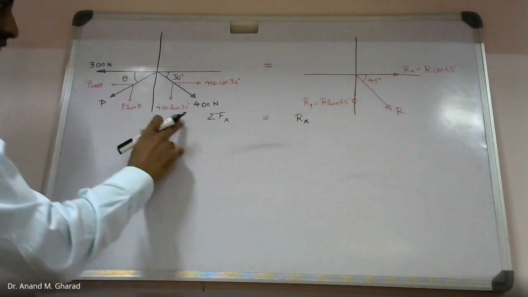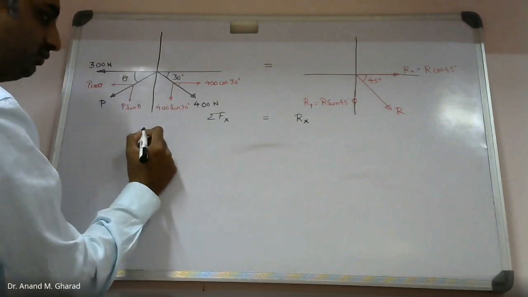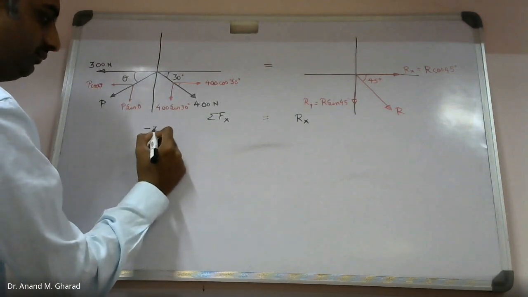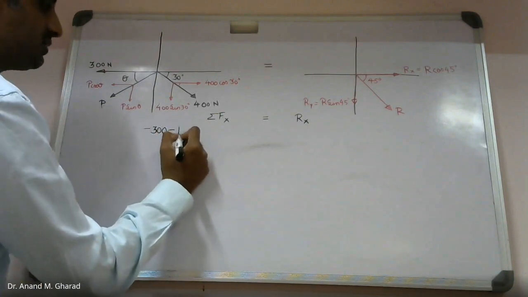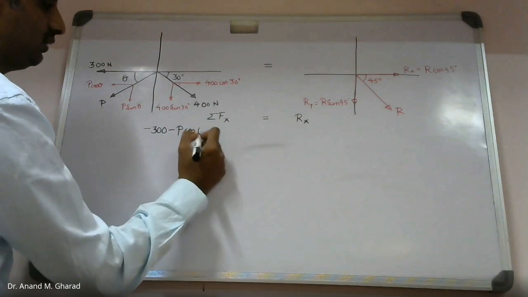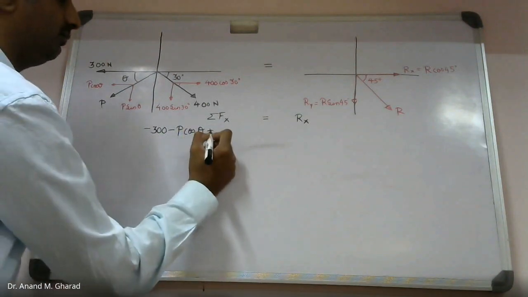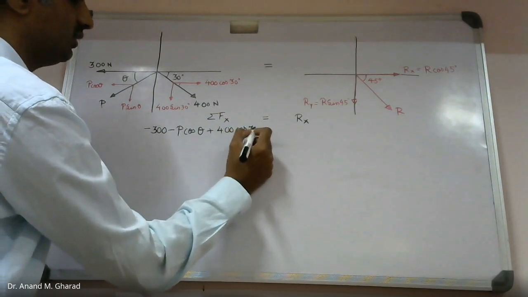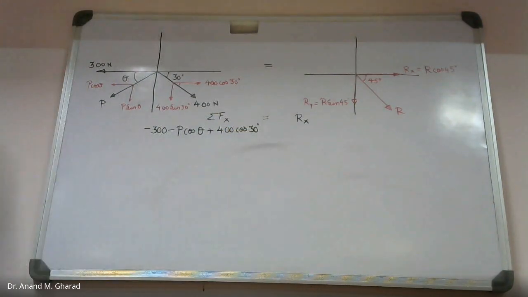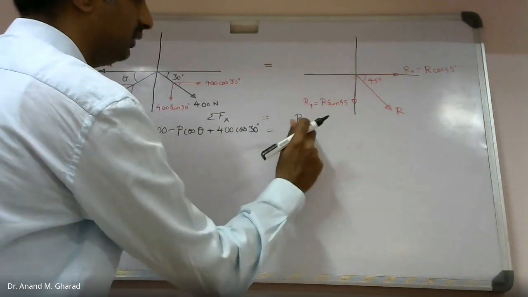How many forces are there in x direction? So I will write down, you please check. I am writing it like minus 300 Newton minus P cos theta plus 400 cos 30 equal to Rx.